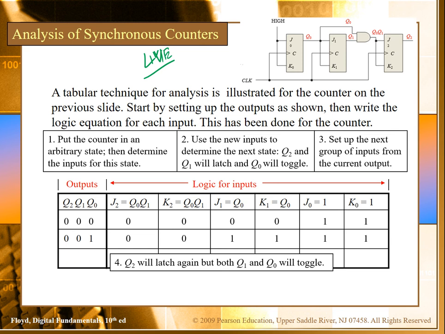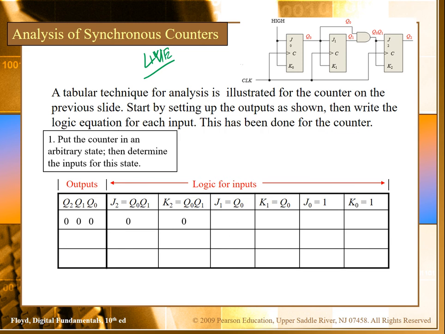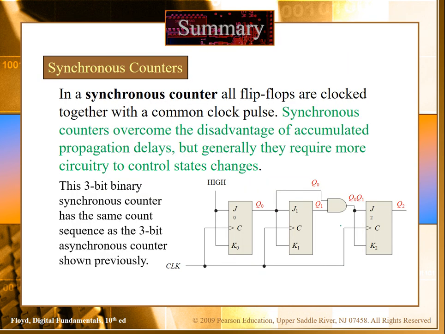Similarly, that was a 3-bit counter. Now if you want to make a 4-bit counter, you want to place another flip-flop here, J3 and K3, and you want to get this Q3.